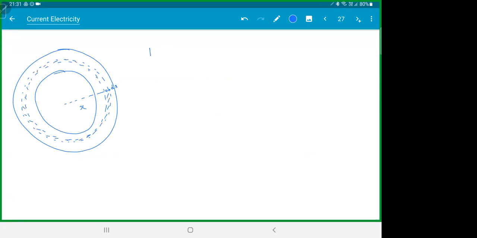So for this, the small resistance dR will be rho, length will be dx. Understand how you're getting the length. You're taking the length dx because the current is flowing radially outward. So you should take the length along the current flow.